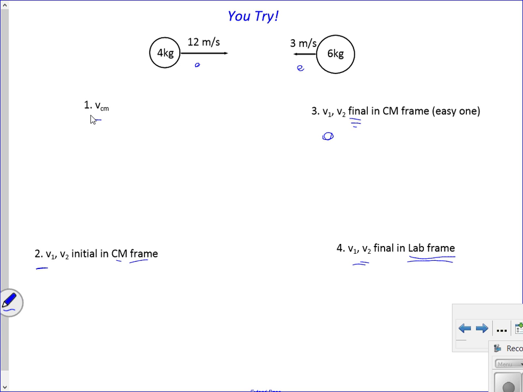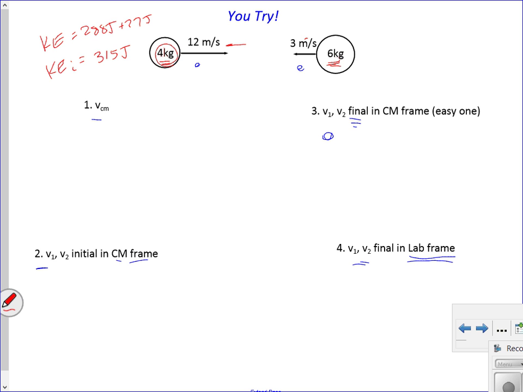Okay, and what you can do when you get this right is, I checked this before, and I'm sure of it, but if we look initially, 1/2 times 4 times 12 squared. That's 2 times 144, 288. Then 1/2 mv squared, 3 times 9, 27. Yeah, the KE initial is 315 joules. All right?